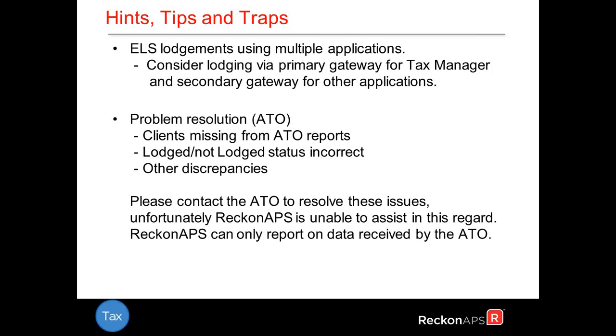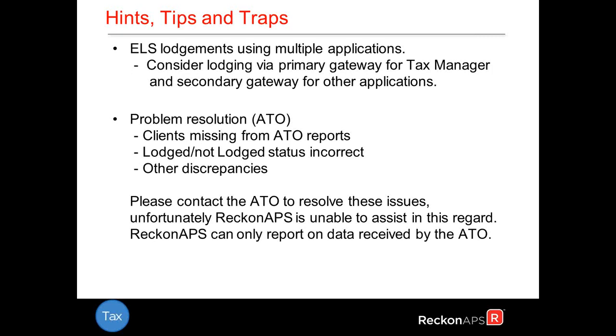If the Reckon APS product is your primary product for lodging tax returns and activity statements, you should be using the primary gateway for Tax Manager. If, on the other hand, your third-party vendor product is only used for lodging specific form types, then my suggestion is that you set that up using your secondary gateway.